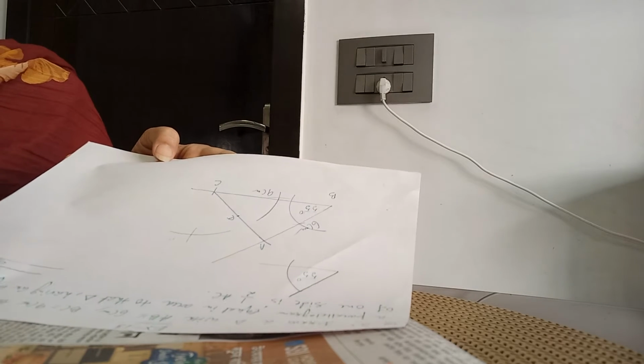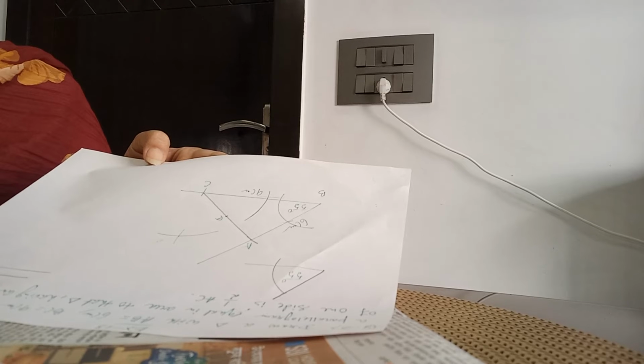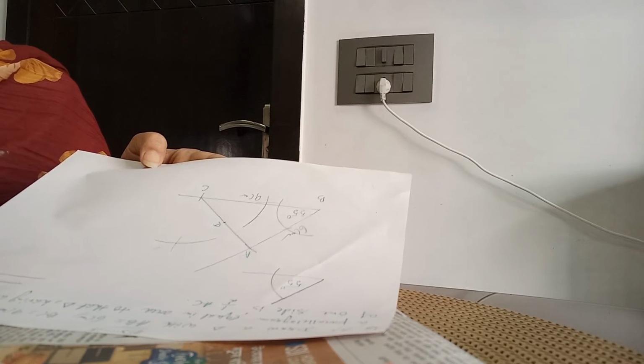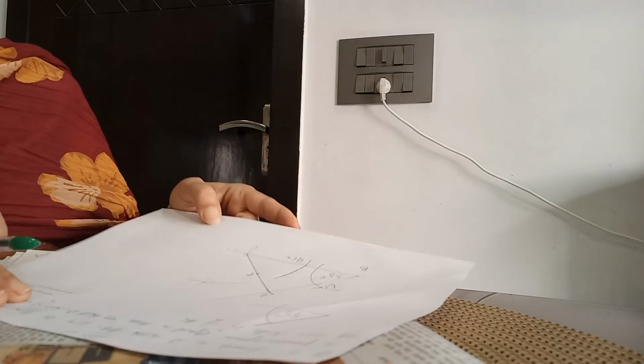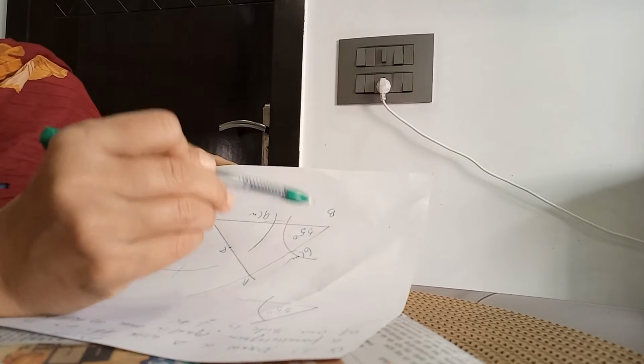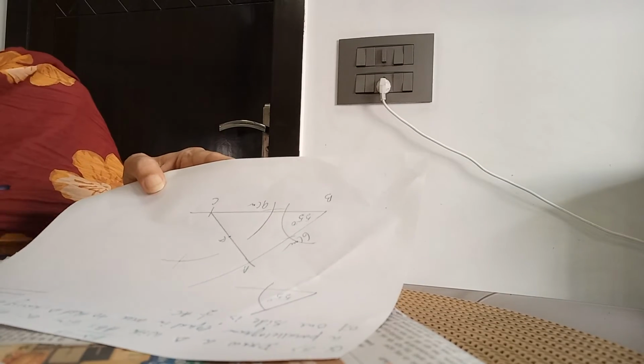Then what is left? You have to draw an angle 60 degree and a parallelogram. That means you have to draw a parallel line. Clear? This is your base. So through B I have to draw a line parallel to AC.